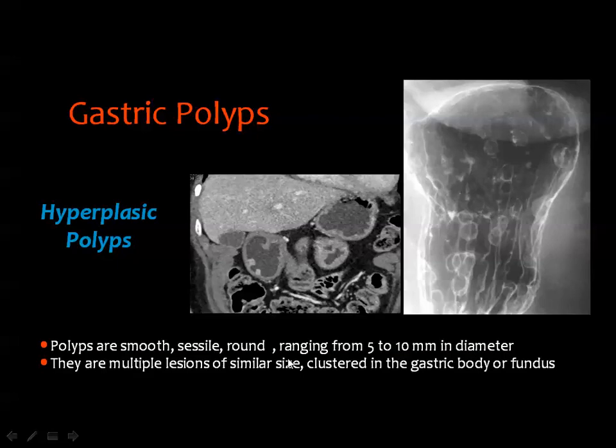The hyperplastic polyps may appear sessile or may show some pedunculated appearance. They are in the range of 5 to 10 millimeters, and you see two different cases of polyps. Many polyps here in the fundus of the stomach, and 3 polyps in the antrum of another patient.